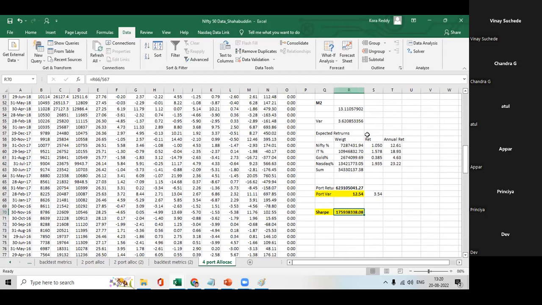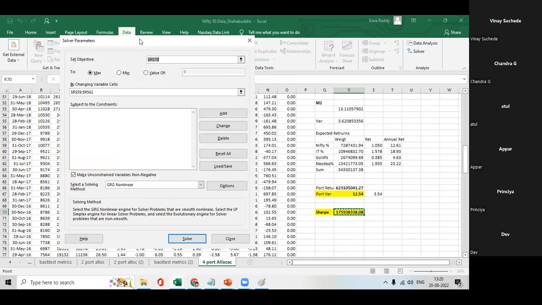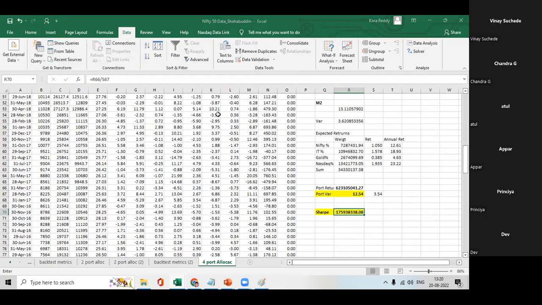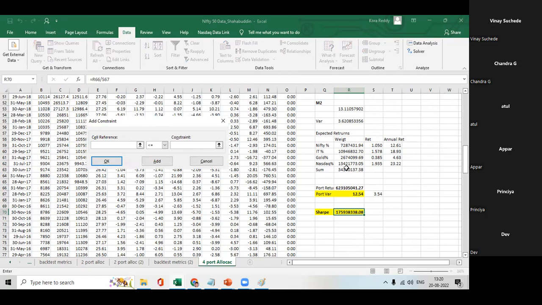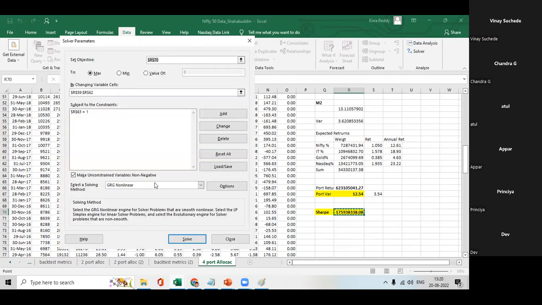I don't want it this way. I want a constraint. What is the constraint? One, the sum should be one. So add that, now solve it.